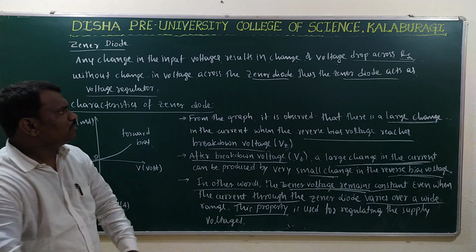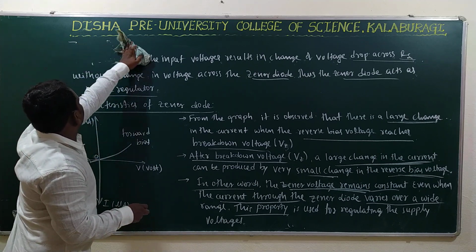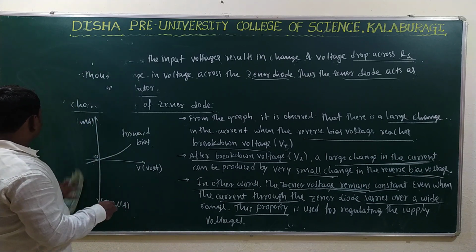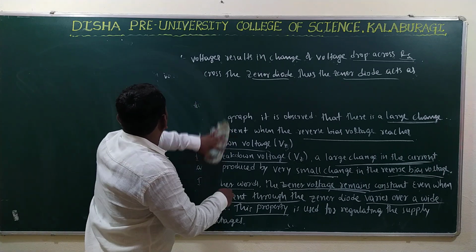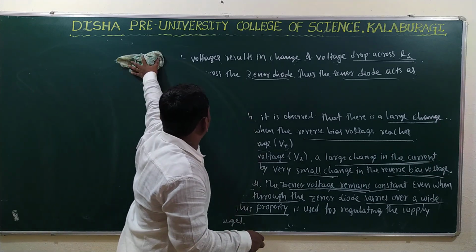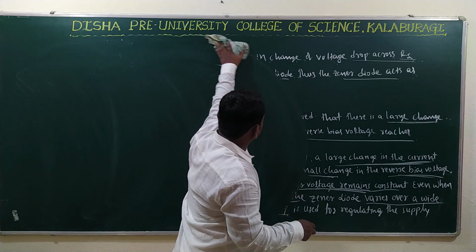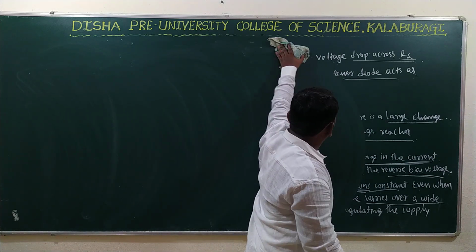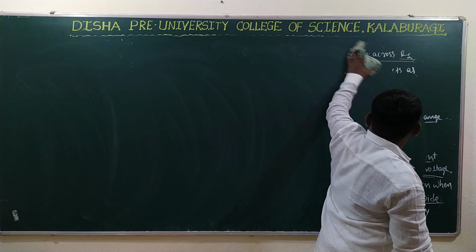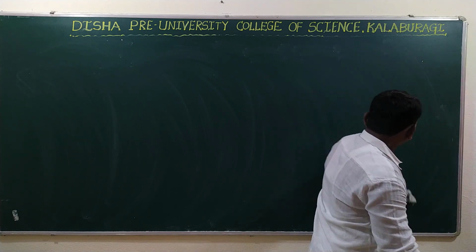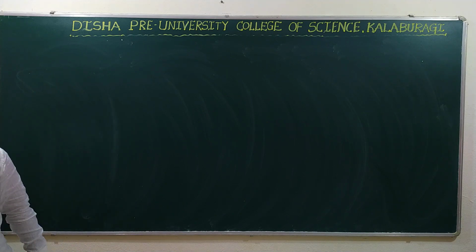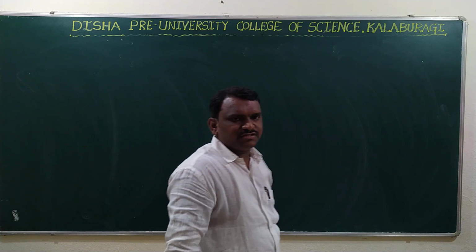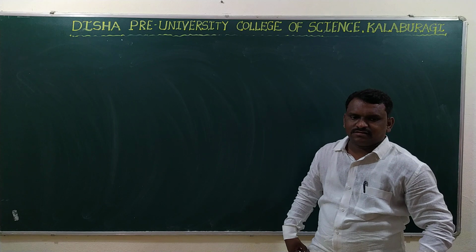Okay, one more table I give to you because it clears the difference between the Zener diode and the PN junction diode. What is the difference between the Zener diode and the PN junction diode? From the working of the Zener diode and the PN junction diode, we have some knowledge, right?